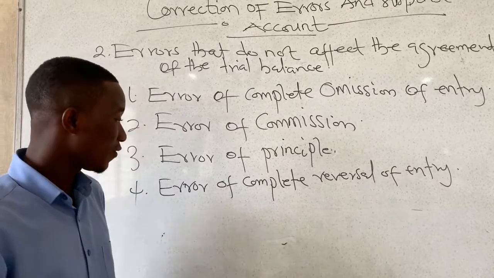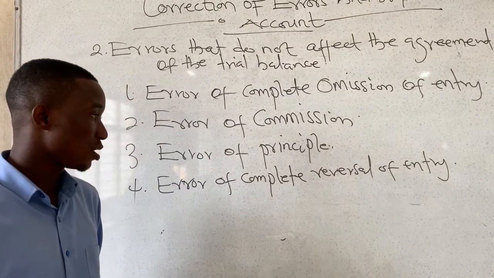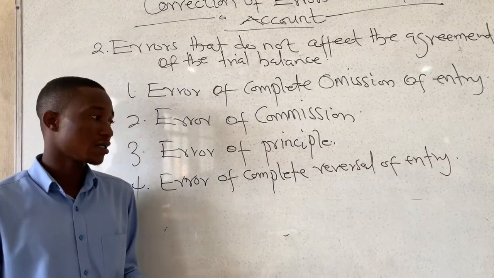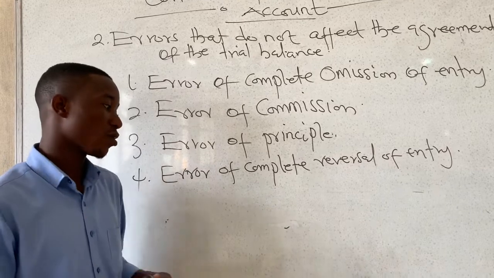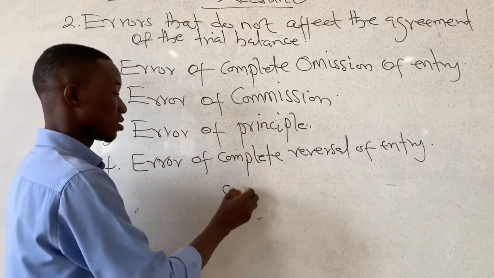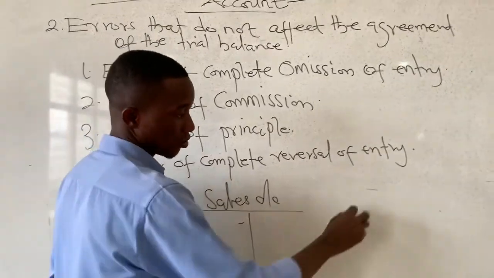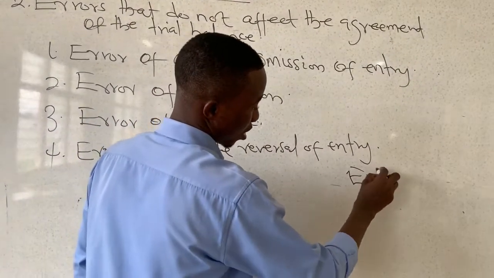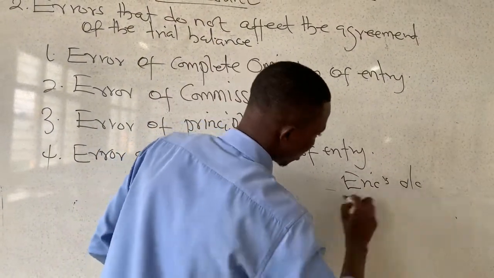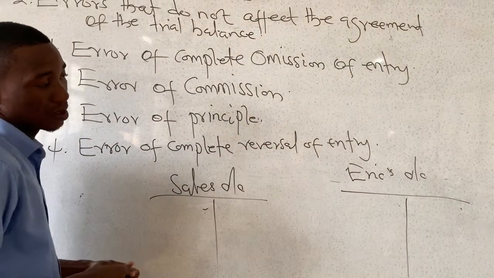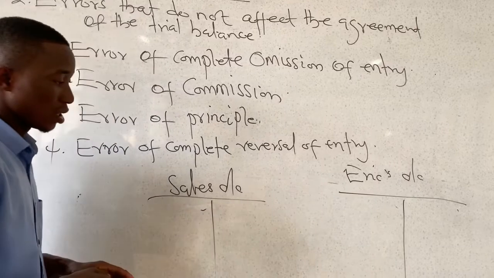So let me give a scenario to illustrate what I'm talking about. Let's say a sale to Eric. We're supposed to have our sales account and Eric's account. Sales to Eric, so you're supposed to credit sales account and debit Eric's account.